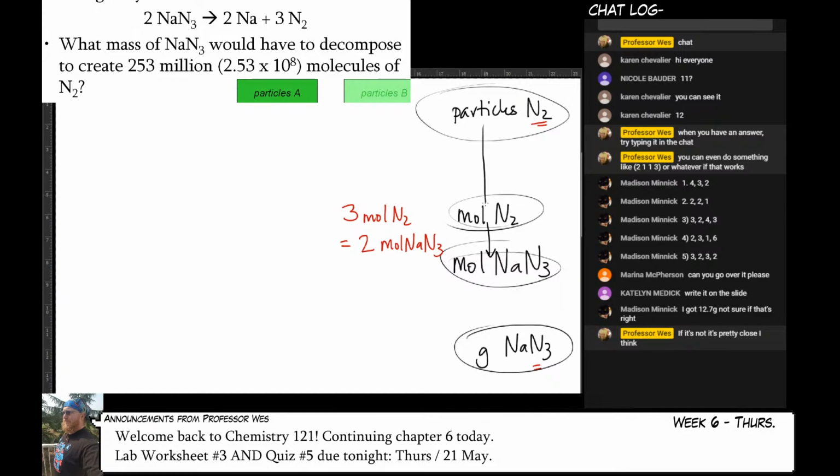Now I have to do this one up here. How many particles are in a mole? You should already be writing that number down. And then finally, how many grams of NaN3 are in a mole? That I gotta look up.